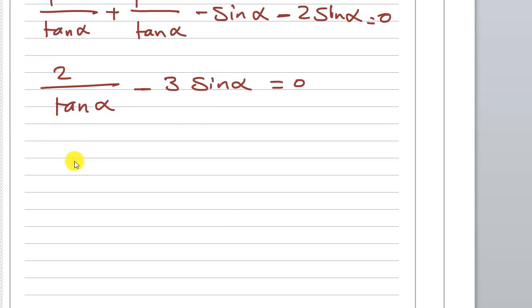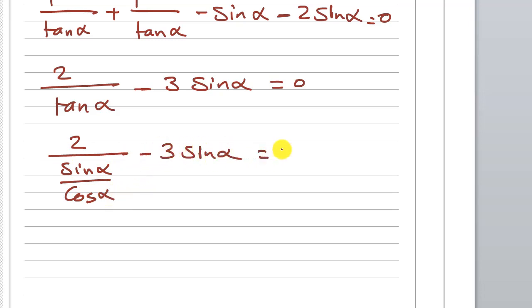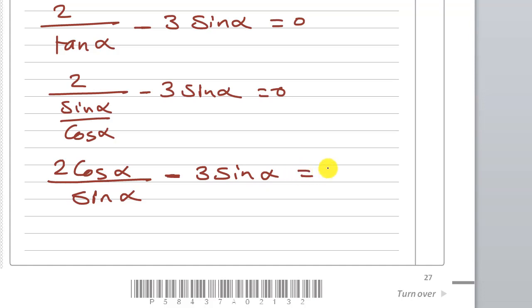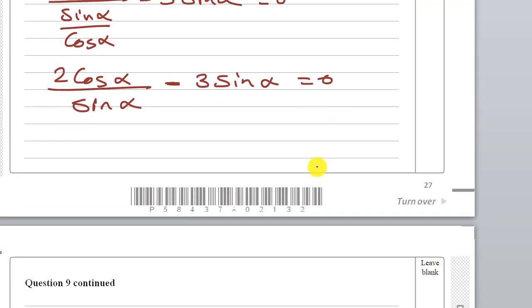So we know that tan is equal to sine alpha divided by cosine alpha. So 2 cosine alpha divided by sine alpha minus 3 sine alpha is equal to 0. Let us multiply by sine.